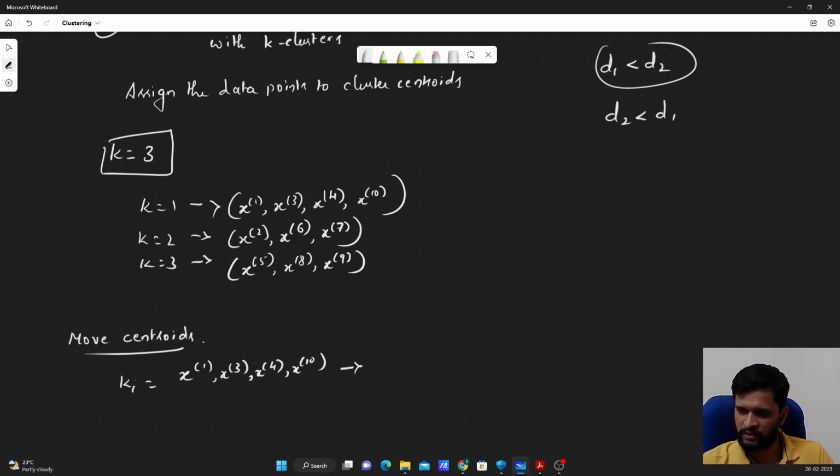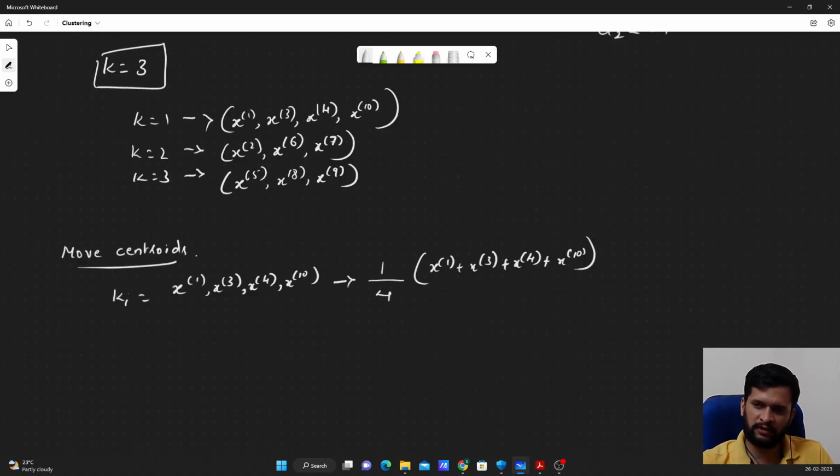So how do we compute its mean? We have 4 data points, 1 divided by 4, summation over i, though we cannot generalize this here, correct? So we have to add up the data points x1 plus x3 plus x4 plus x10. This is how we calculate the mean.